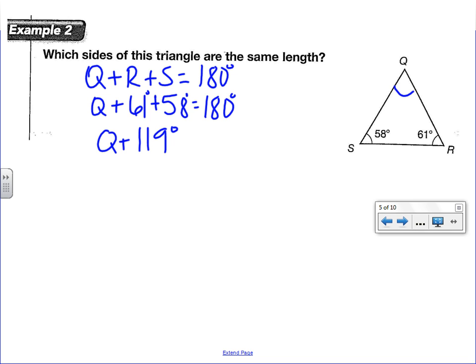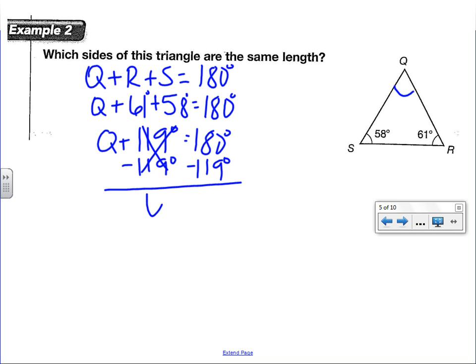Bring down our Q, our equal sign, our 180. To get Q by itself, we must subtract 119 from both sides. Whenever we do that, now we know that we can cancel. So we have that Q equals 61 degrees. So we can label Q 61 degrees.